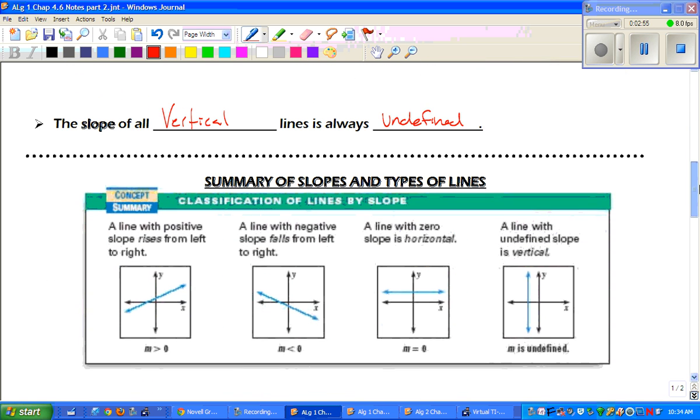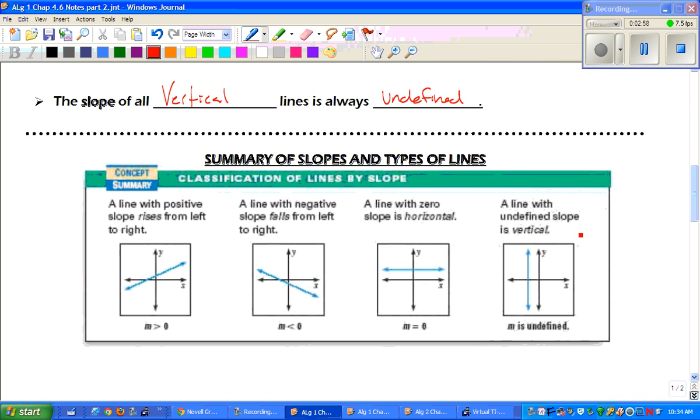Now, on the bottom here is our little cheat sheet. One thing to know is that the smallest slope is 0. The greatest slope is undefined.